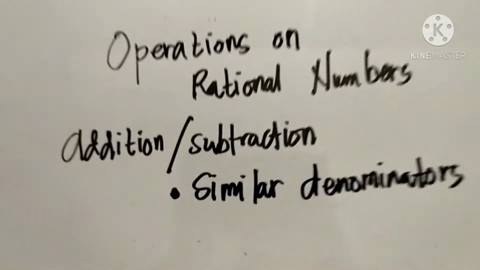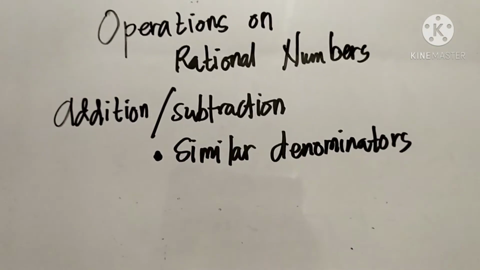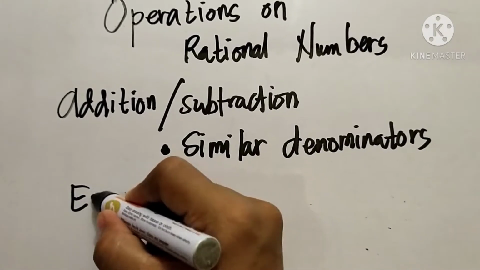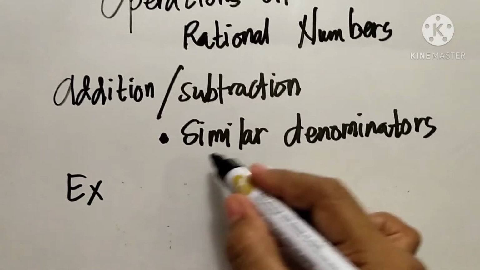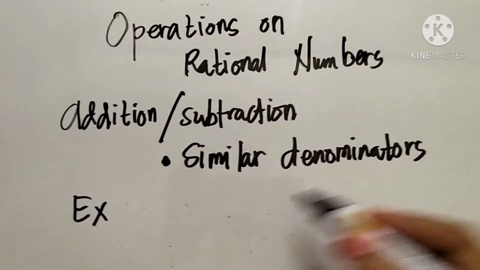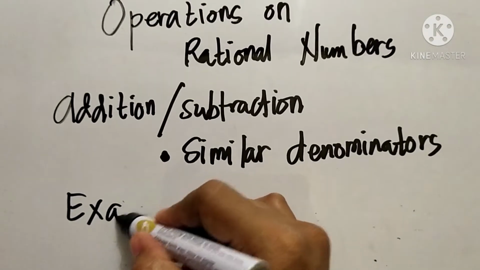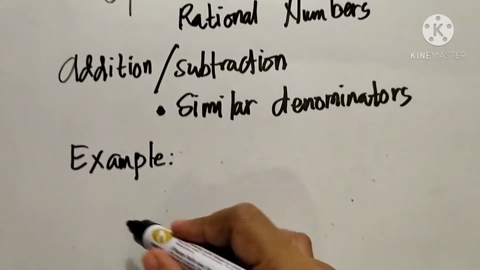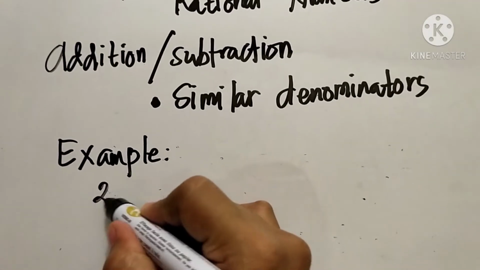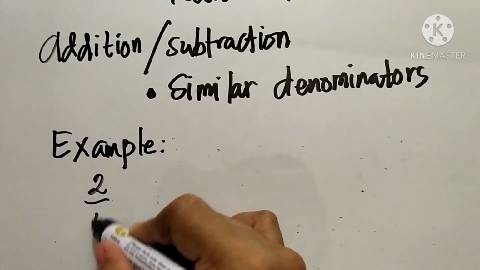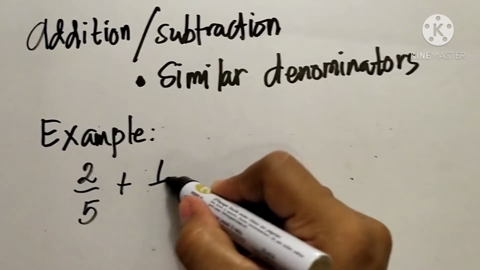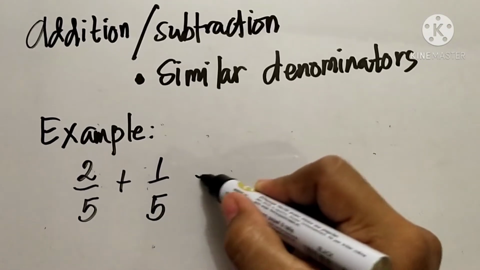Similar denominators. Okay, for example, when you say similar, the denominators are equal. So we have, for example, 2/5 plus 1/5.